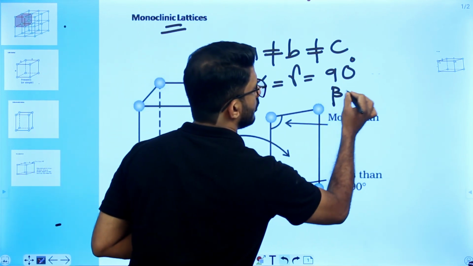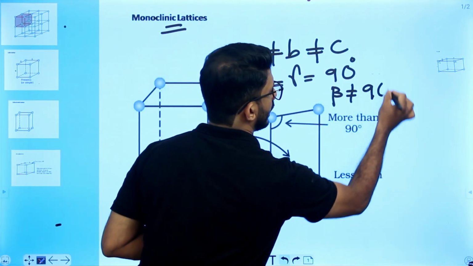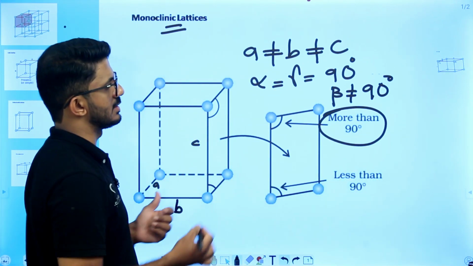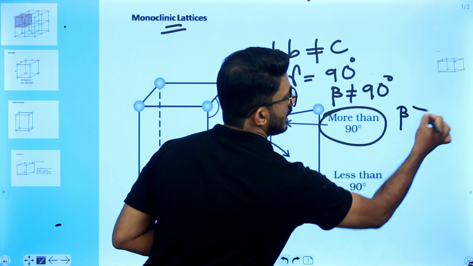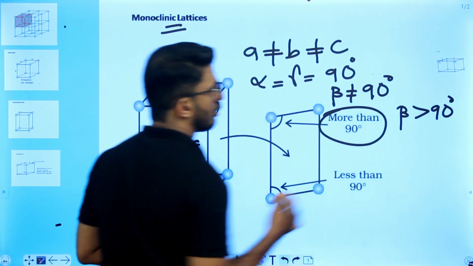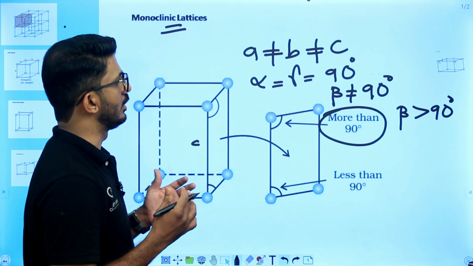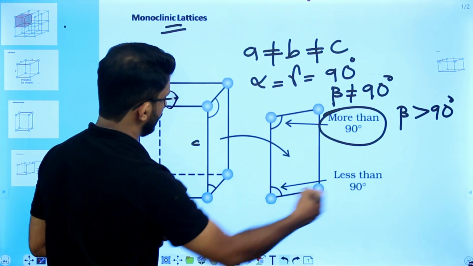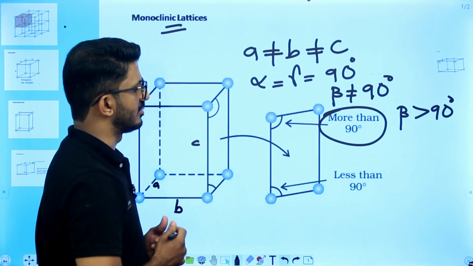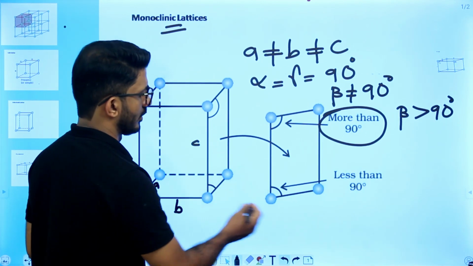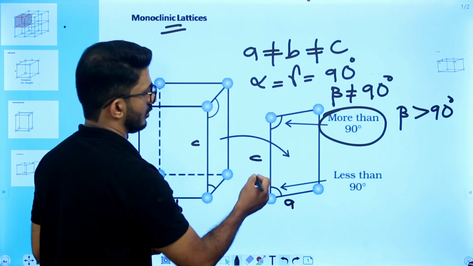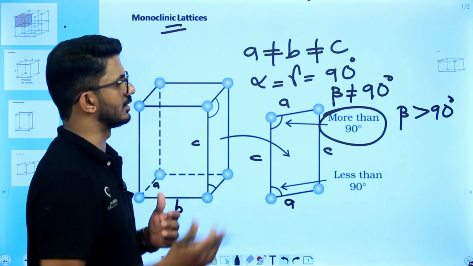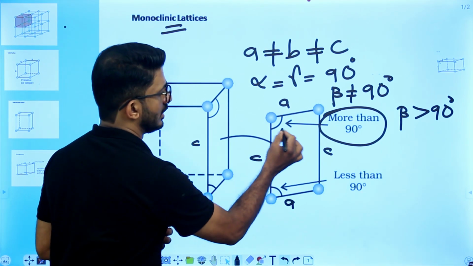And beta is not equal to 90 degree, that is more than 90 degree. Beta is greater than 90 degree. The angle between A and C, as shown in this figure, is different. This is A and this is C. The angle between A and C is greater than 90. That means the angle is beta.